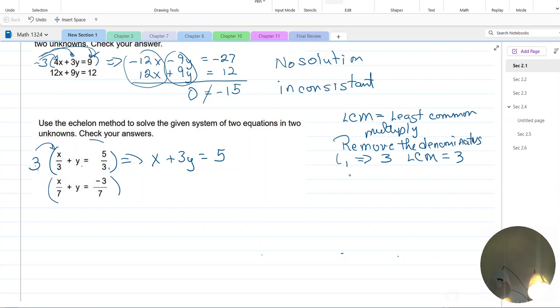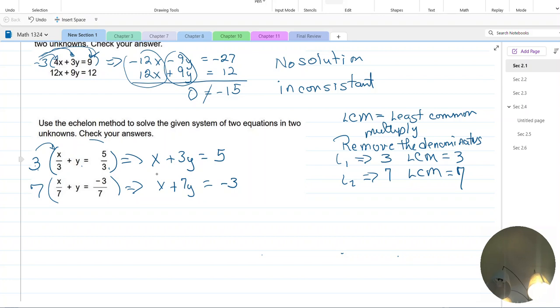This one, on line 2, the denominator is 7, so my LCM is 7. If I do 7, I'm going to end up with x plus 7y equals a negative 3. All right. Well, I notice that I have singular x's.